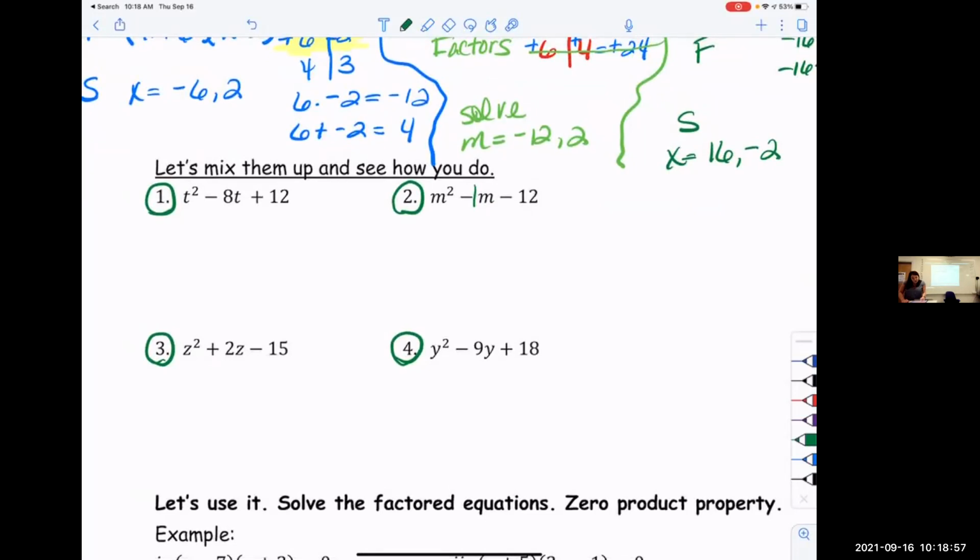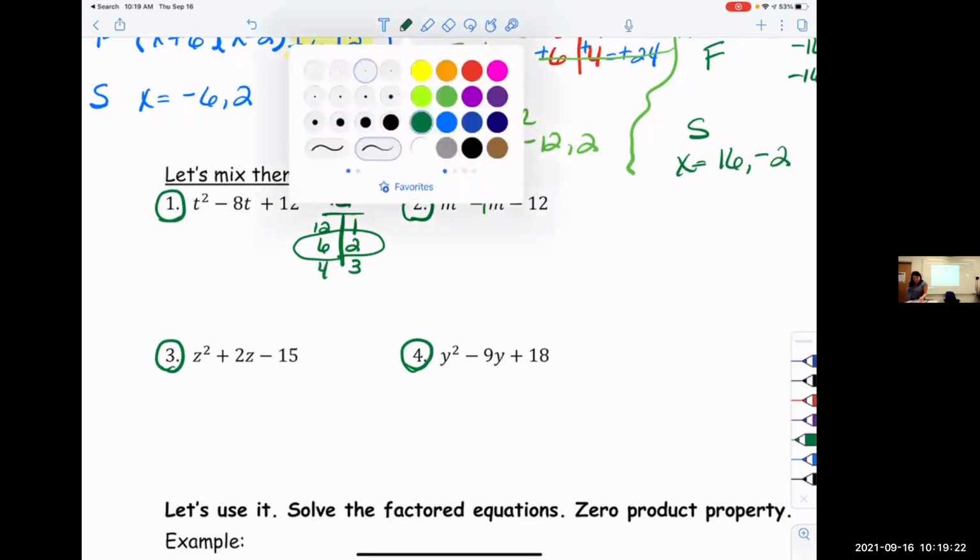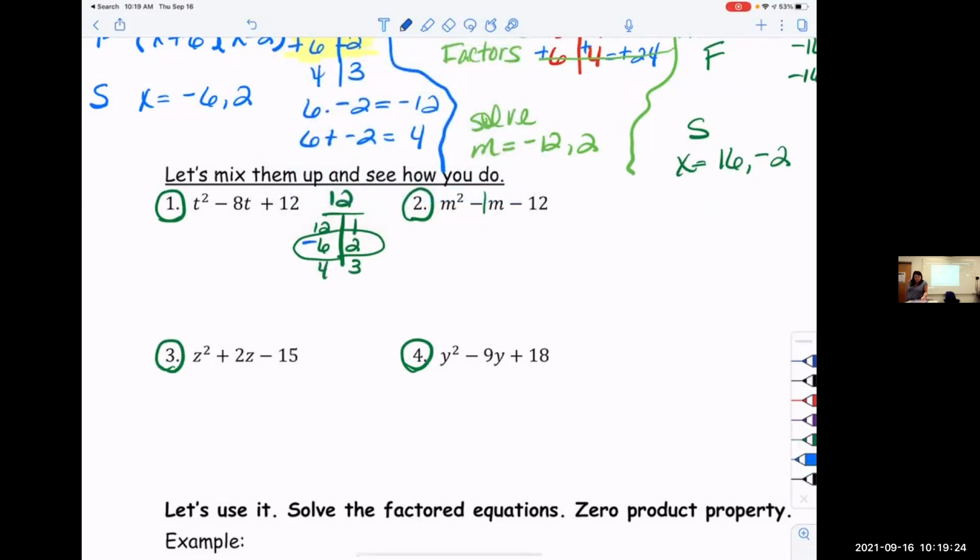All right, so it's not necessarily the first factors that pop into your head. Sometimes yes, sometimes no, but you have to make sure that the factors that you get will combine to give you that middle number. So in this case, it's 6 and 2. Once you find the pair that will work, then you worry about the signs. So since I want a -8, that means I have to add them. So they both have to have the same sign.